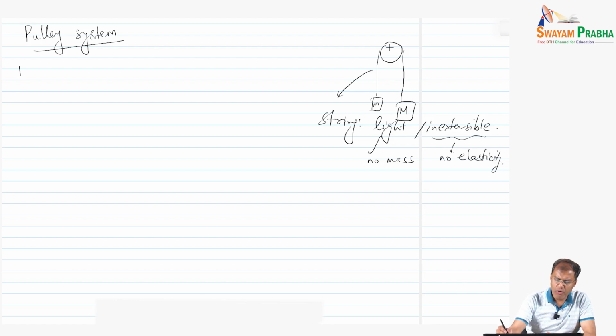So now we have a pulley mass system and we want to understand the motion of this system, right? These are the basic assumptions in terms of the string in the pulley mass system. Okay, so let us look at some examples of the motion of these pulley mass systems.